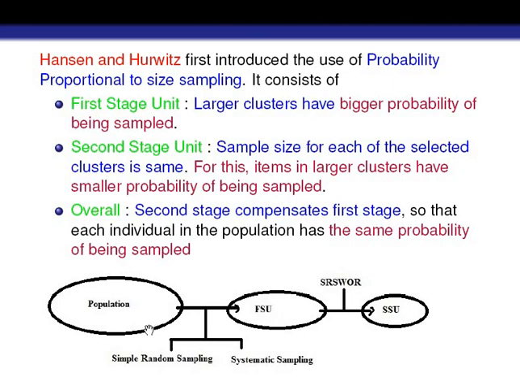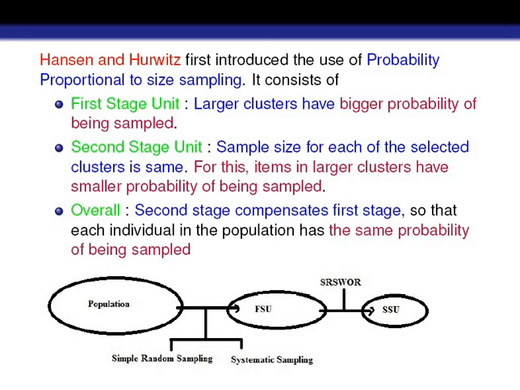But in probability proportional to size sampling, we can apply both simple random sampling as well as systematic sampling to draw clusters from the population as our primary sampling unit. After that, from the primary sampling unit to the secondary sampling unit, we generally use simple random sampling without replacement to draw units.